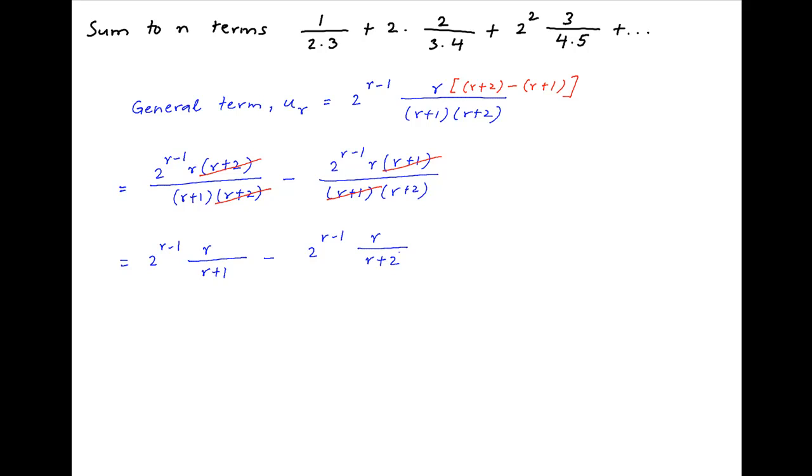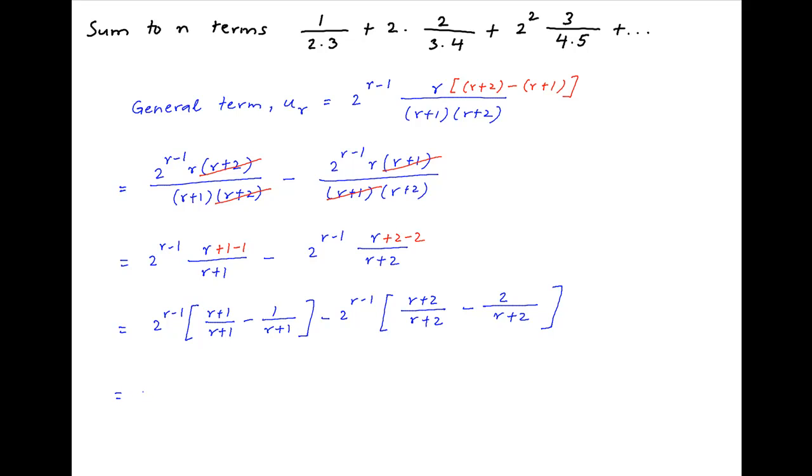Add and subtract 1 in the numerator of the first term, and add and subtract 2 in the numerator of the second term. Therefore, U_R can be written as 2^(R-1) times, in brackets, (R+1) upon (R+1) minus 1 upon (R+1), minus 2^(R-1) multiplied by, in brackets, (R+2) upon (R+2) minus 2 upon (R+2).